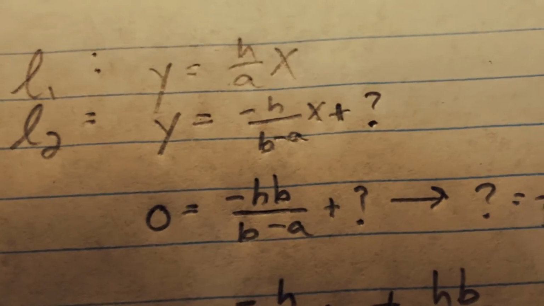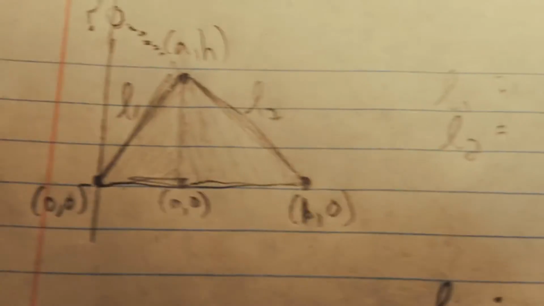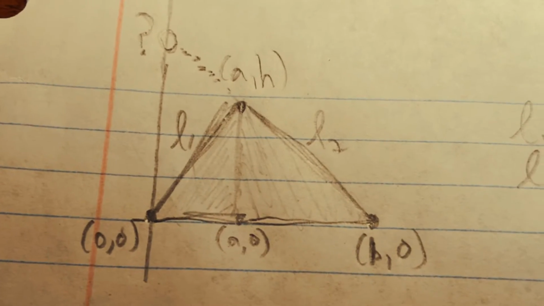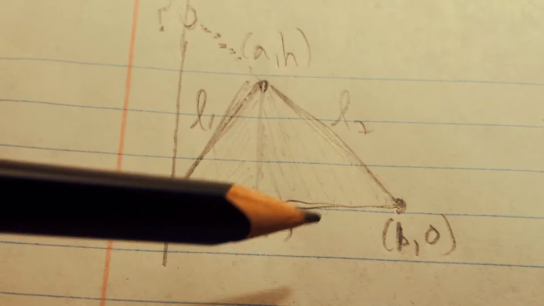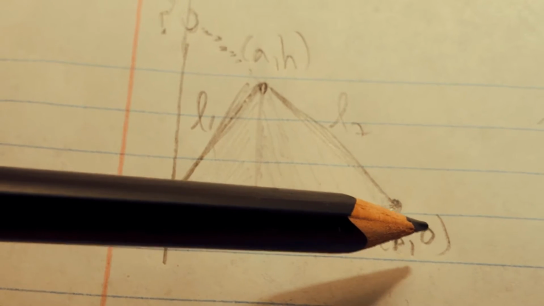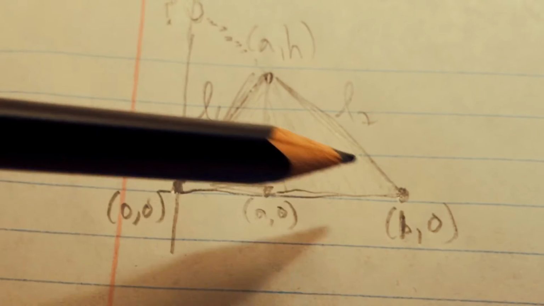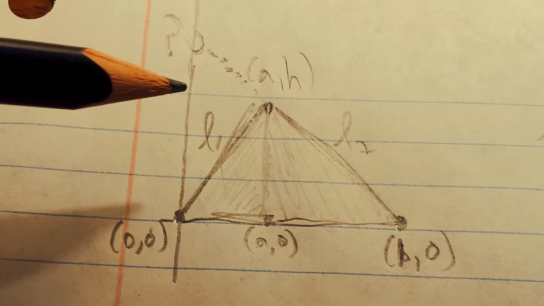So what can we do? Well, here is the thing we can do. Let's take an x value, which is B, and a y value, which is 0, and substitute those into the equation.